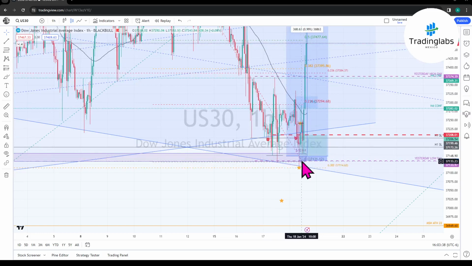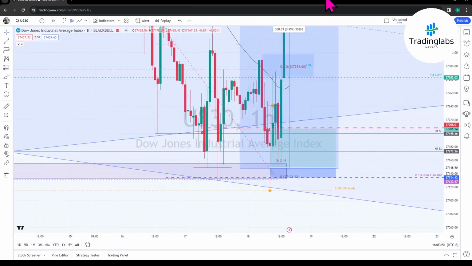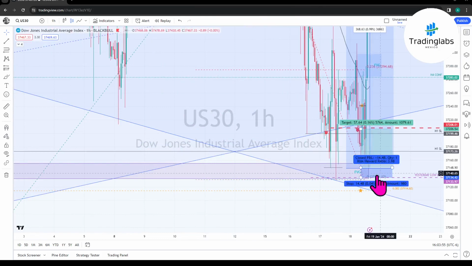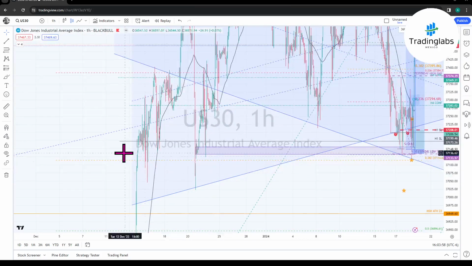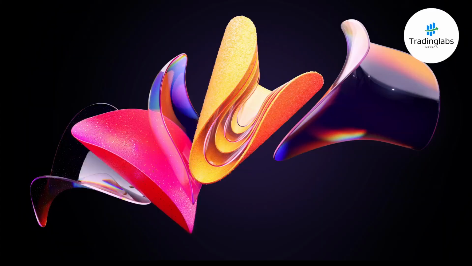What is the probability that we are in the same zone and do the same thing? High probability, right? So that's why confluence: downtrend, bottom, demand zone, and you have to see the historic data in the chart. So that is why.